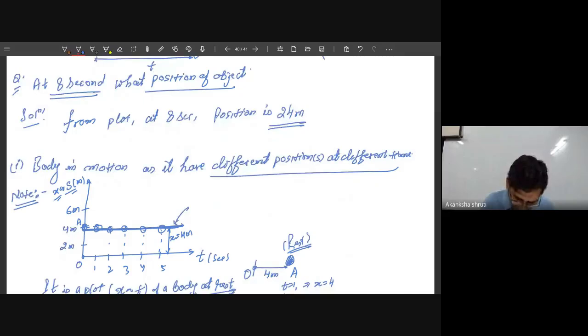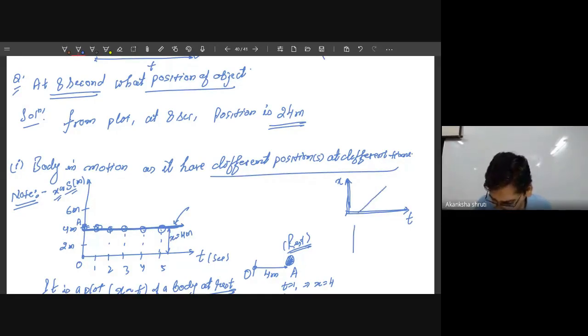then the graph is not inclined. Means if this is the time axis, so watch on the right hand side of the screen, I am drawing something, and this is the position. So this is our time, this is our position. Here we have learned that the graph or the plot of a body in motion is always inclined.